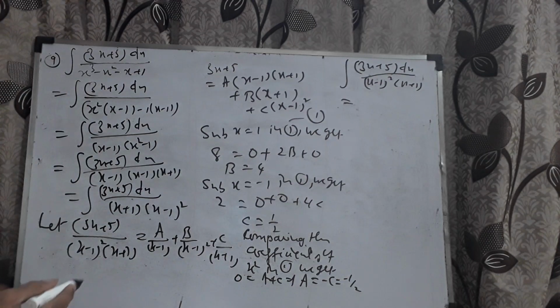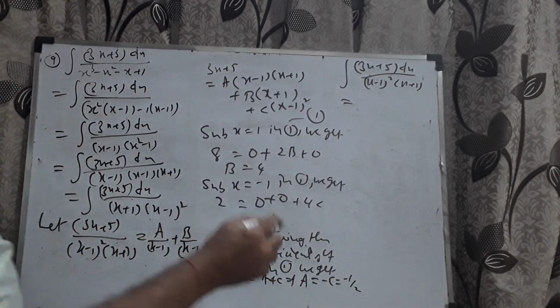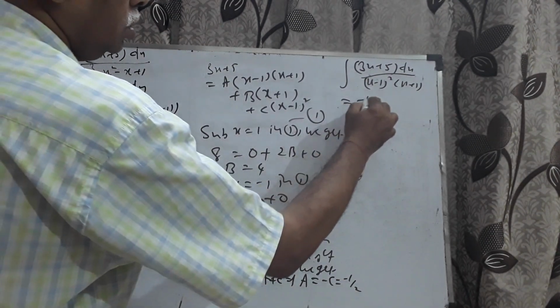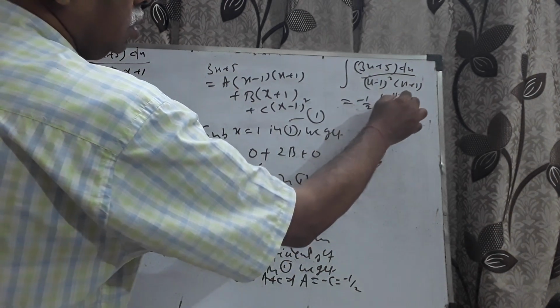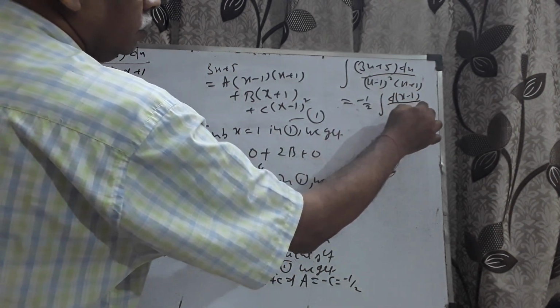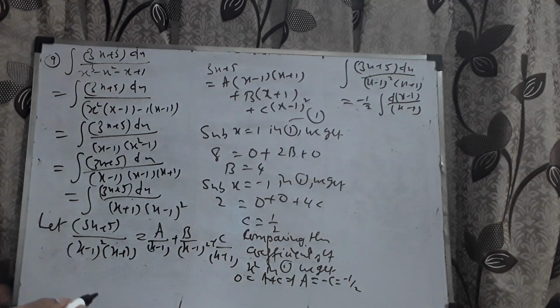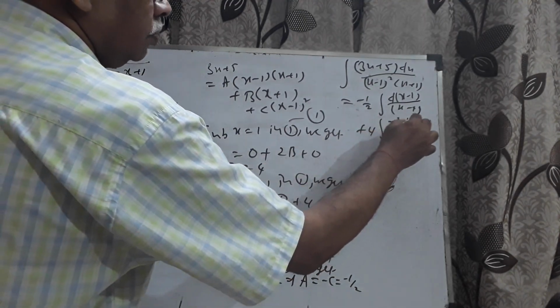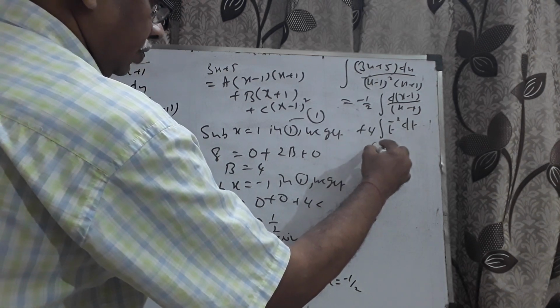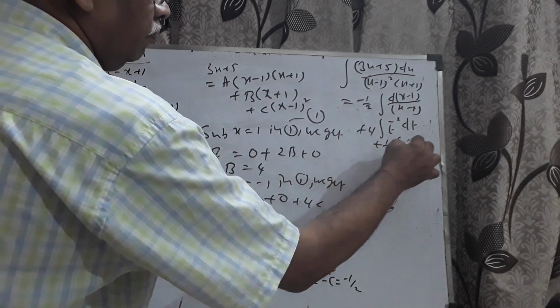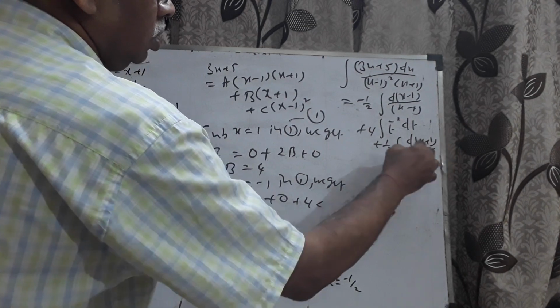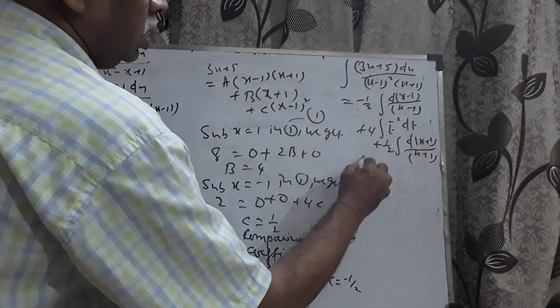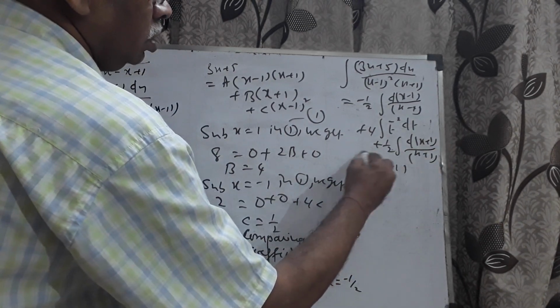Therefore, the whole integral now becomes: what is my a? A is minus half. Therefore, minus half integral d(x-1) by (x-1). My b is 4, plus 4 integral t power minus 2 dt, where t is x minus 1.